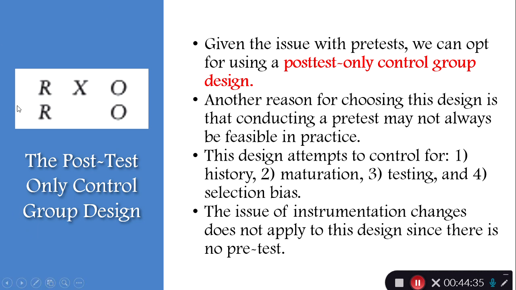So we don't need to worry about any instrumentation changes here, assuming that we're only measuring outcomes one time, right? And we're measuring it with our experimental group as well as our control group. And we're using one measurement tool. So we're not worried about any changes in instrument from pre-test to post-test.